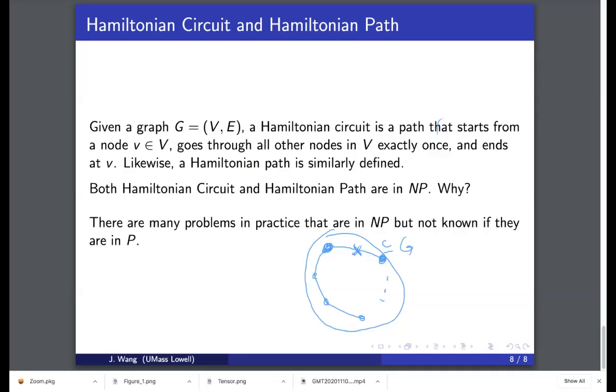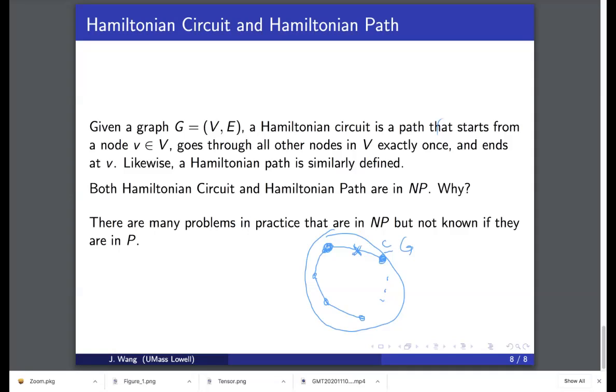Again, P is a subset of NP, but proving a problem is in P normally takes more effort because you have to come up with an algorithm. But proving a problem is in NP is in general a lot easier, because what you need to do is, on a given instance, guess a solution and then verify whether that solution indeed shows the instance is positive. It looks like somebody gives you a solution and I just verify it.